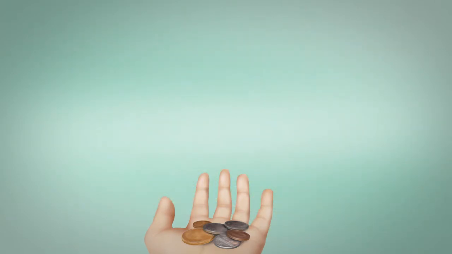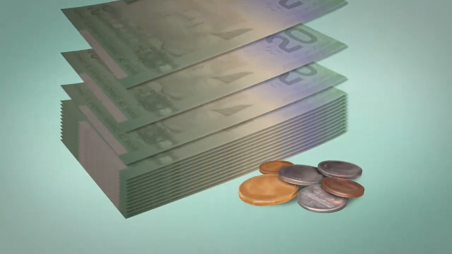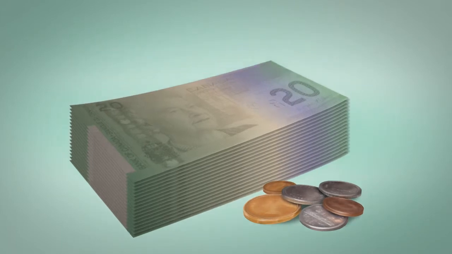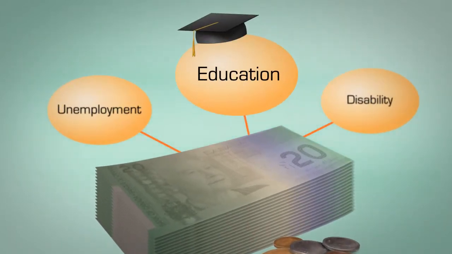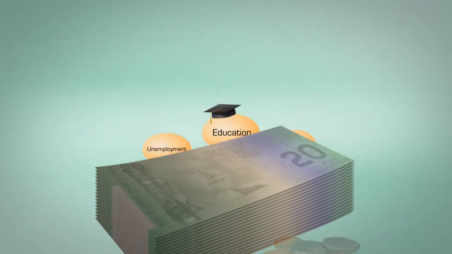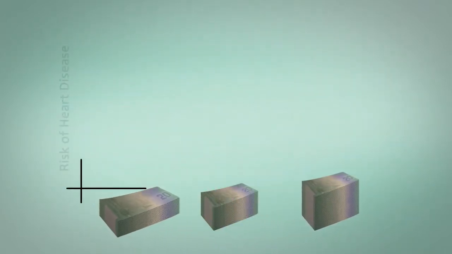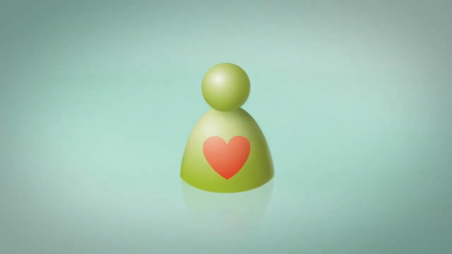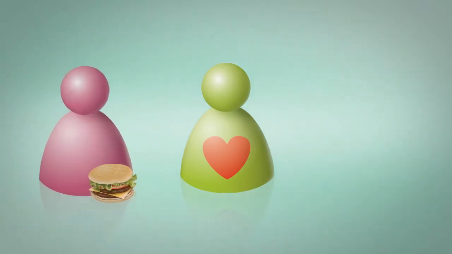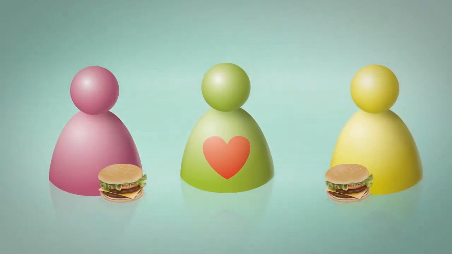How much money we spend on food may be limited by our income, which in turn is influenced by many other social determinants, like our education. This means that individuals in low-paying jobs are at a higher risk of heart disease. Our eating habits are also shaped by our family during early life and reinforced by our friends later on.